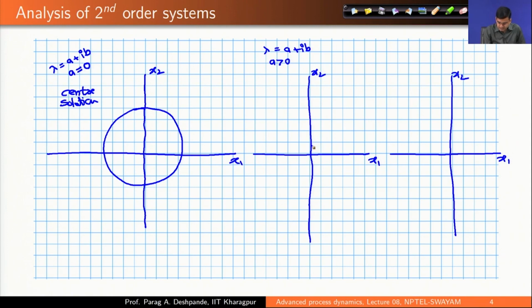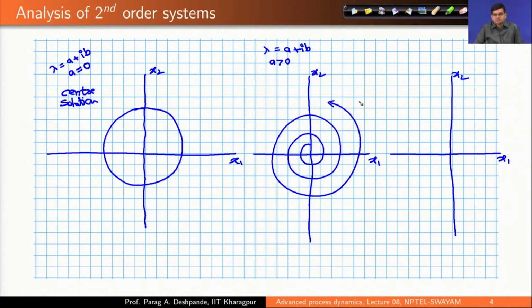So, I start with some point and then as time increases I tend towards infinity. So, what should I call such solutions? These are called spiral. Why spiral? Because you get a spiral, right, spiral source.